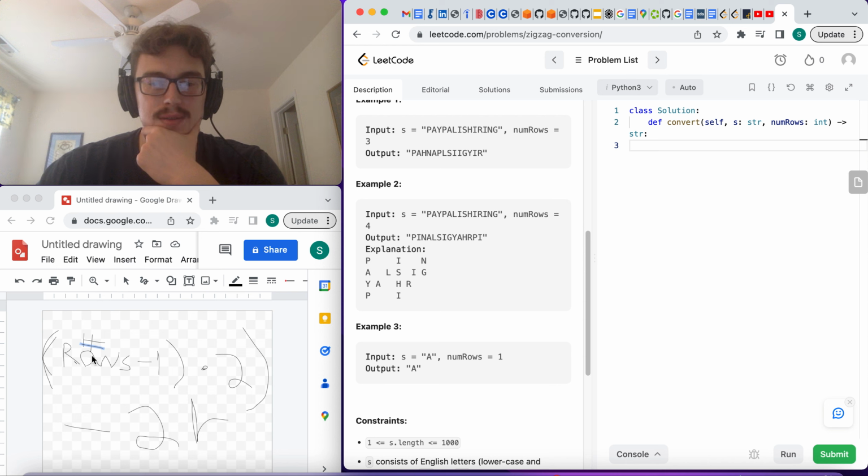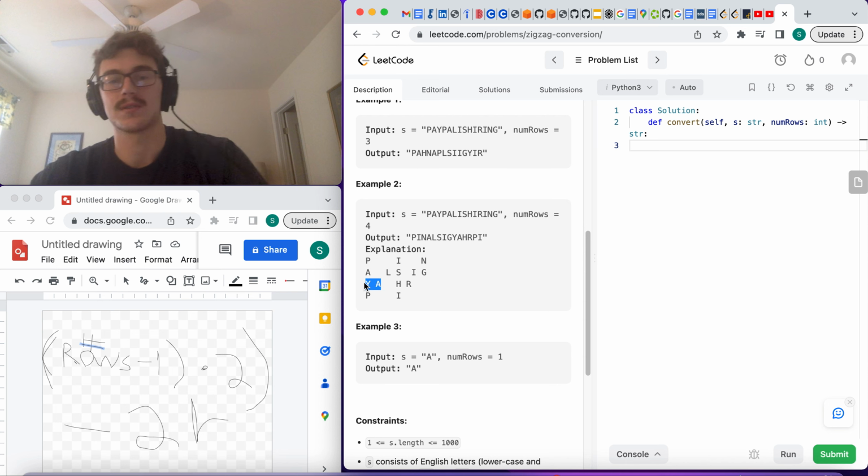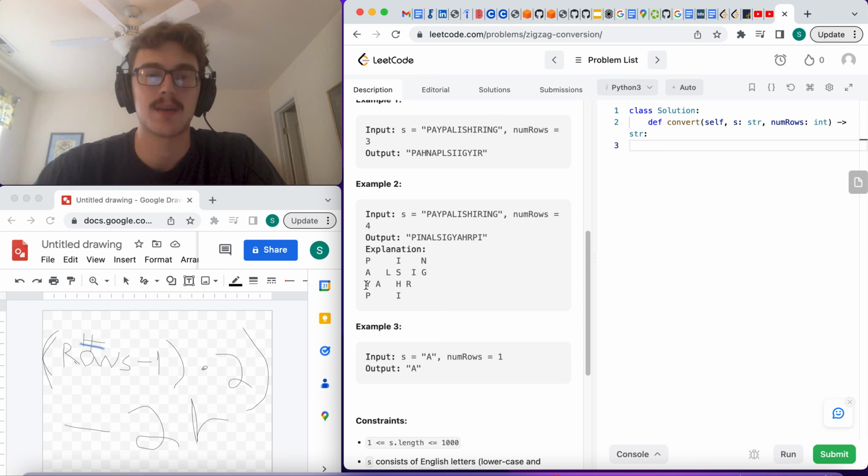So that's 4 minus 1 times 2 is 6, minus 2 times 2 is 2. So 1, 2. Okay, so now we're catching the A. Now we're doing what we want. And if we go to P, it's the same thing where it's just a 6 difference. We're not using the whole minus 2R part. Okay, so that's kind of the whole math behind all that.